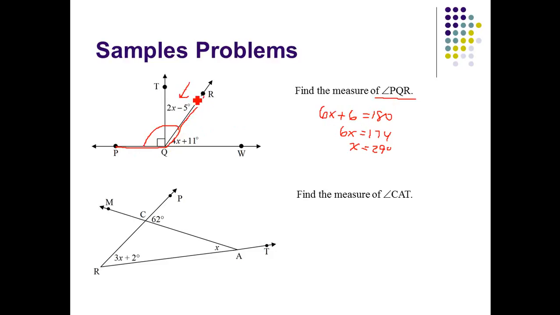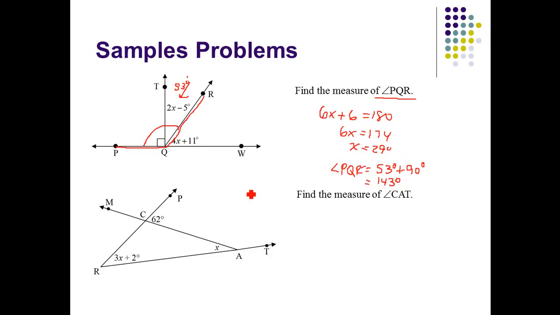So I do 2 times 29, and I subtract 5, and I get that angle is 53 degrees. Okay, so now to get angle PQR, I just have to take 53 plus 90. So angle PQR is 53 degrees plus 90 degrees, so it's going to equal 143 degrees.